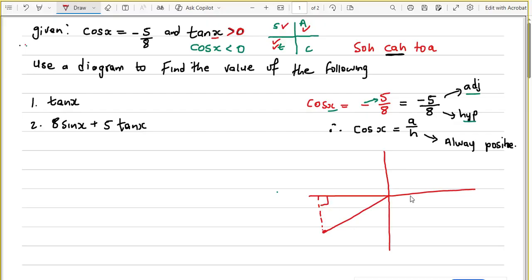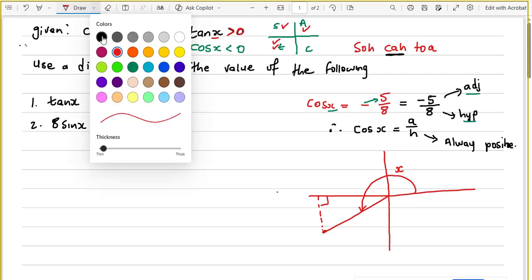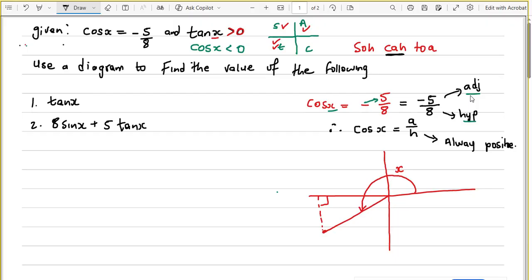If it's in quadrant 3, the distance from there to that part is your x. Are you still with me? And then what's next? We said this is the adjacent, it's -5. So x is equal to -5.